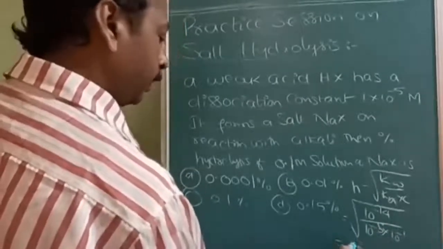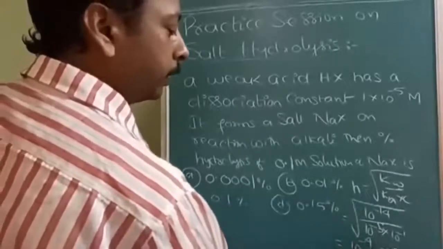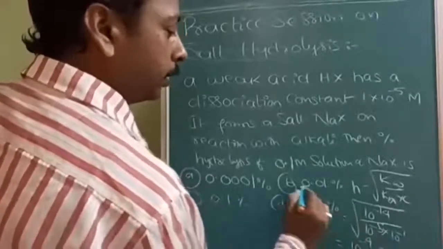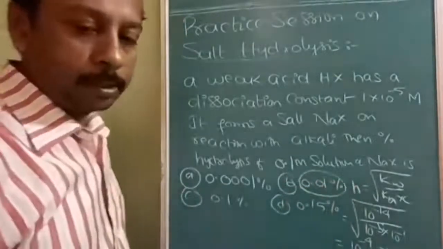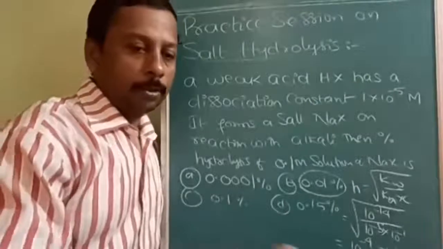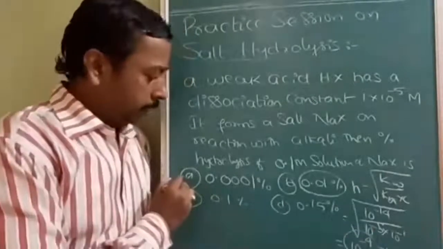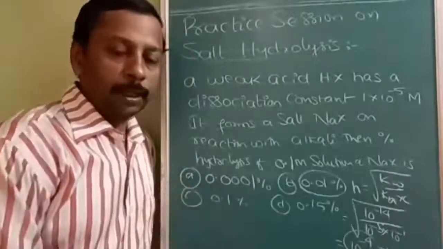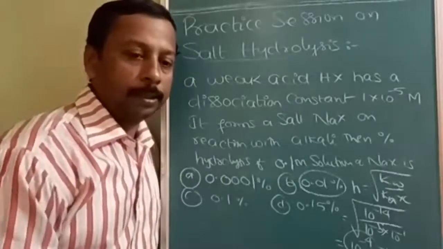On simplification, you will get minus 4 here, and the percentage will be 0.01. Okay, percent hydrolysis. So see, if you get this immediately, what will you take? Answer A. That's why the answers are very confusing, so don't get attracted by wrong answers.